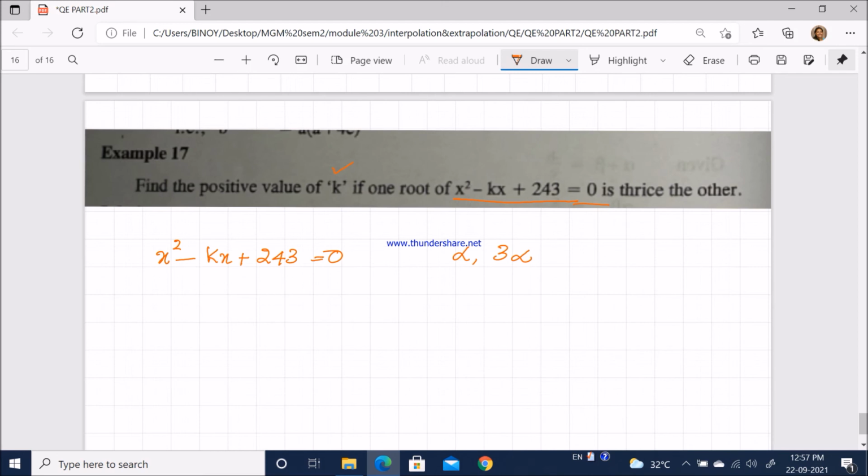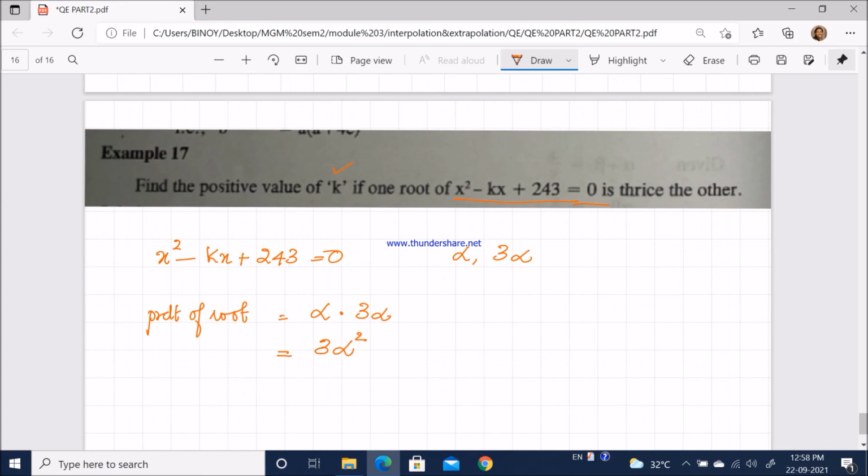Okay, so we have the product of roots. Product of roots is alpha into 3 alpha. So that is 3 alpha².